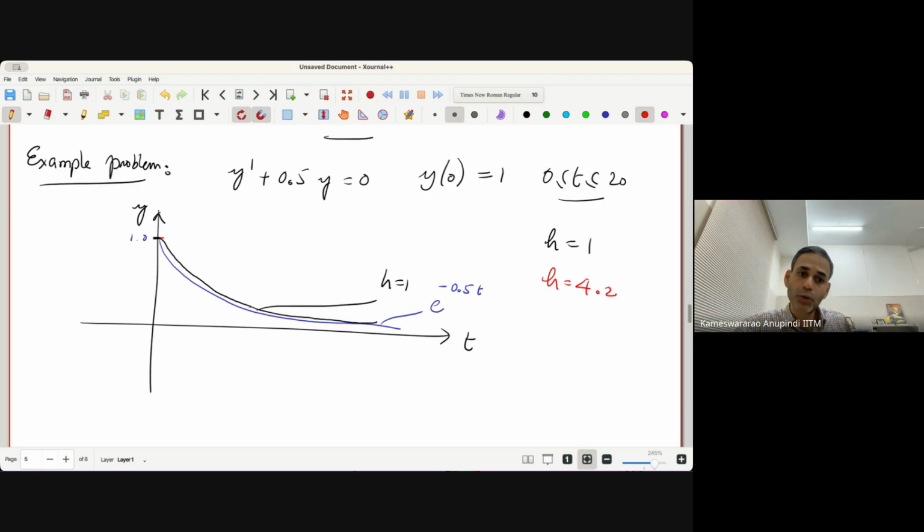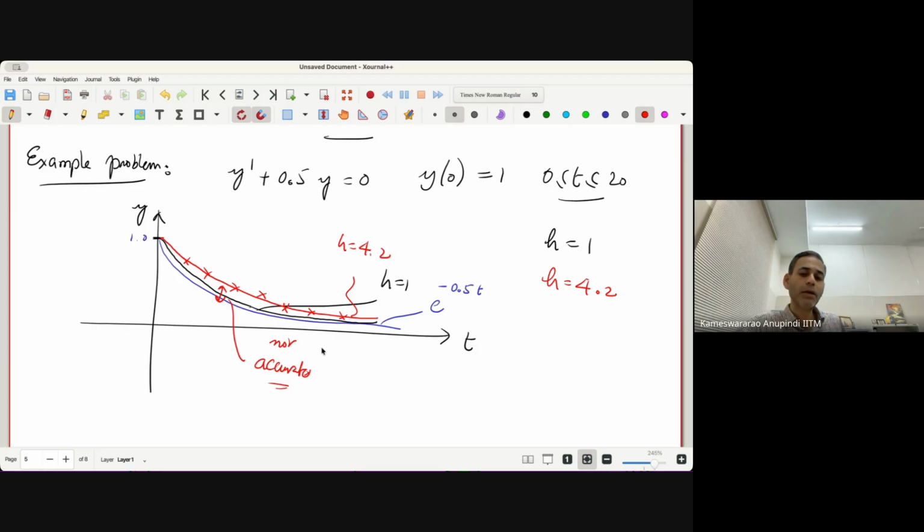H equals 4.2 is greater than the stability requirement we had before, but it might look something like that. So this could be the value for h equals 4.2. But you see that things have not diverged like in the case of the explicit Euler method. But then we see that this is also not exactly correct, because it is not accurate, as it is not matching with this.